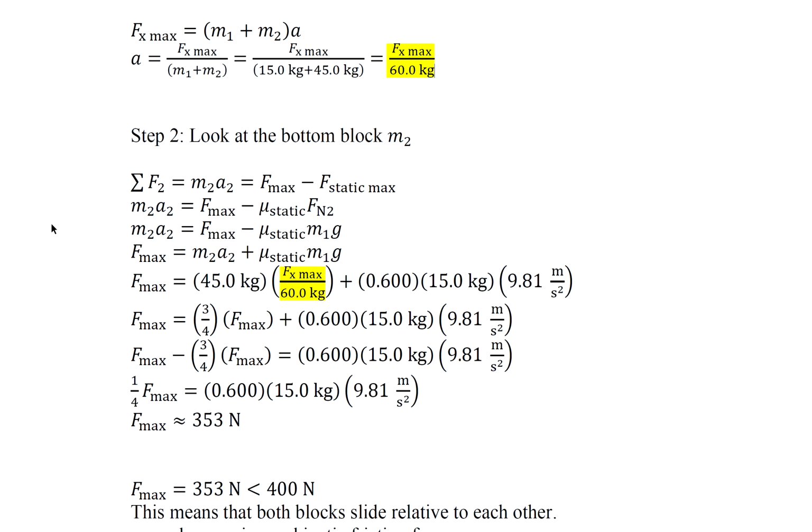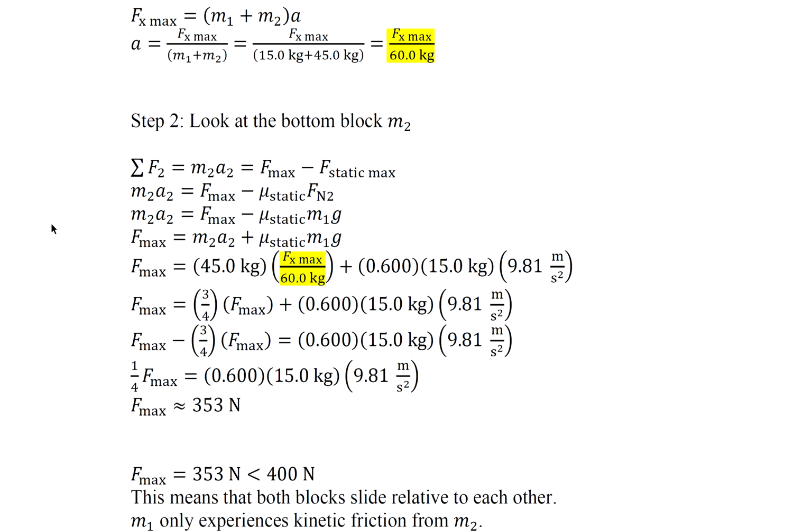Step 2, let's look at the bottom block M2. So sigma F sub 2 equals M2 A2, which is equal to force pulling max minus force static max. Here, force of friction is equal to mu Fn.